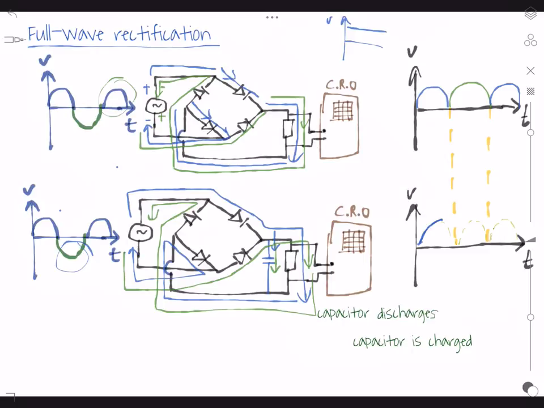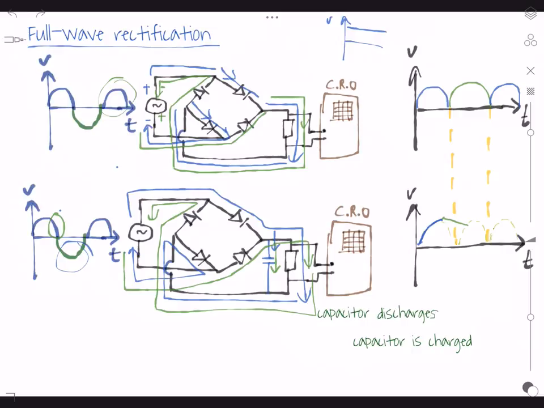So during this time the input voltage decreases, but the output does not decrease significantly. It will reduce slowly like this, because there is some charge in the capacitor and it slowly discharges, and the voltage decreases gradually.